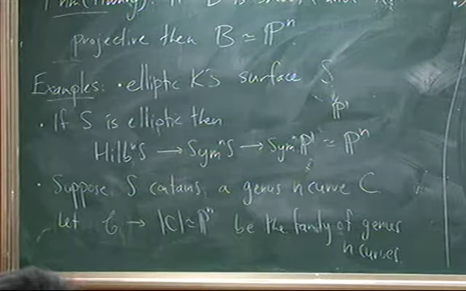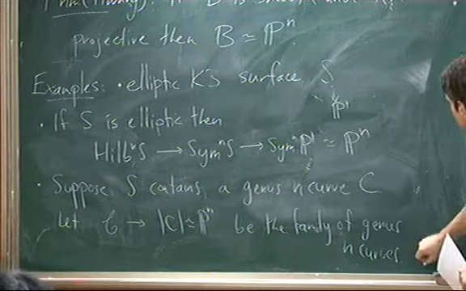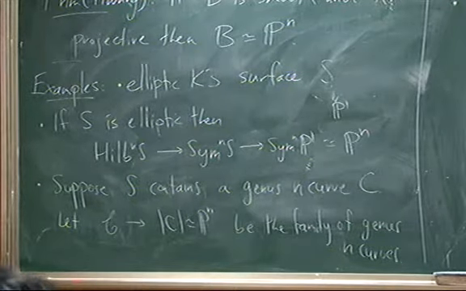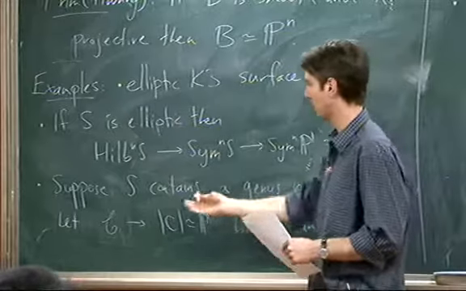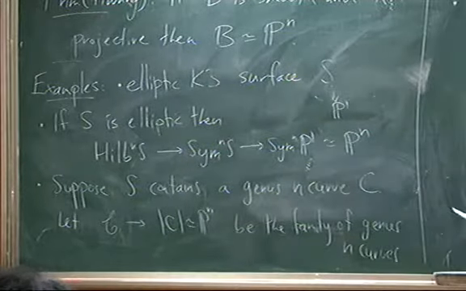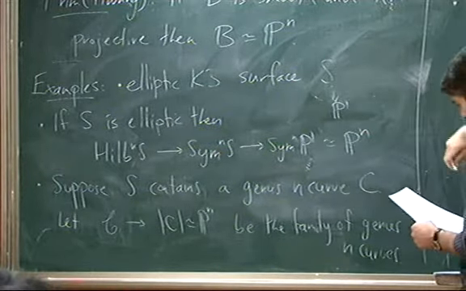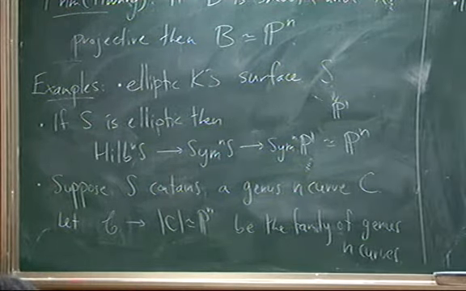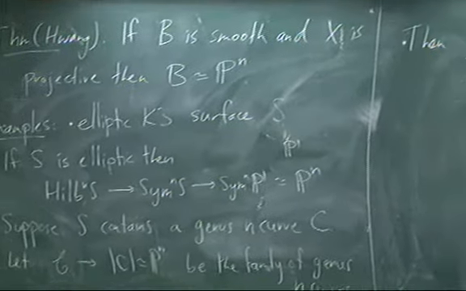So each genus n curve is canonically associated to its Jacobian, which is an n-dimensional torus. And if you take the Jacobian of a family of curves, you get a family of complex tori. So we can take the relative Jacobian.